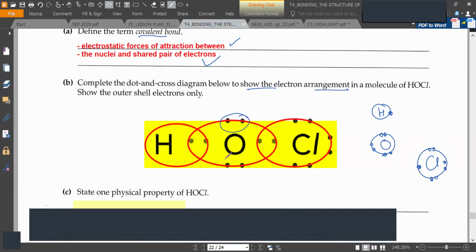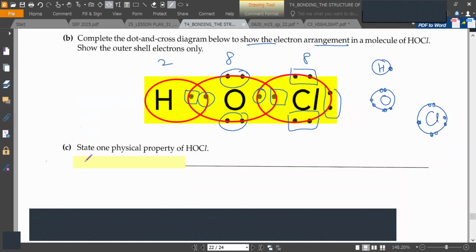Oxygen 1, 2, 3, 4, 5, 6, and then hydrogen is 1, and then chlorine 7. So in the end, 8, 8, 2. It works out. One physical property of HOCl: simple molecular structure, low boiling and melting point.